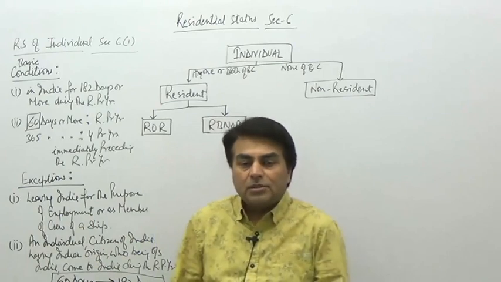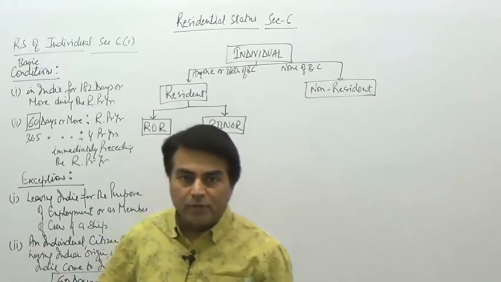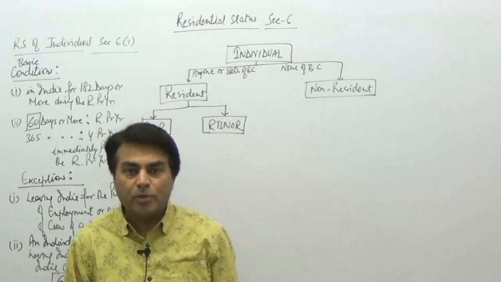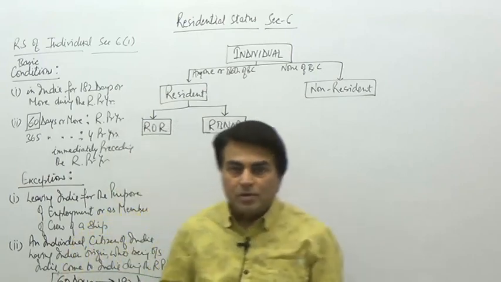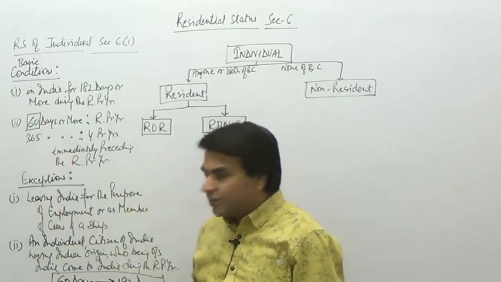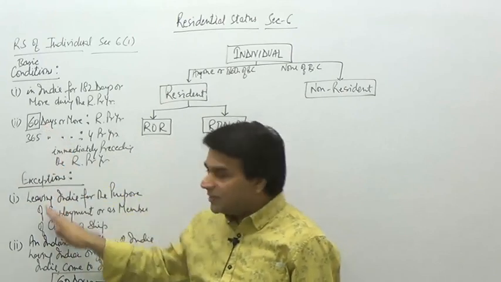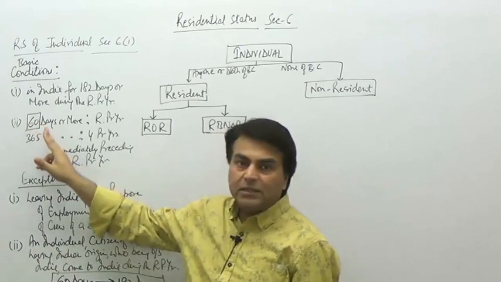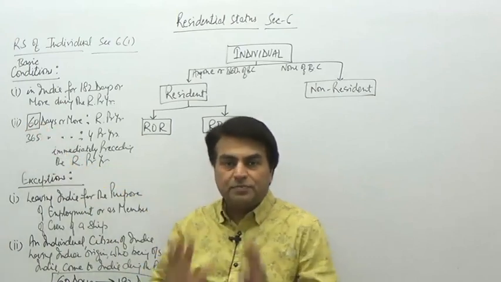Okay, because you are studying this thing the very first time, I am telling you that 60 days got replaced by 182 days. That means for these exceptions the second condition has been changed.